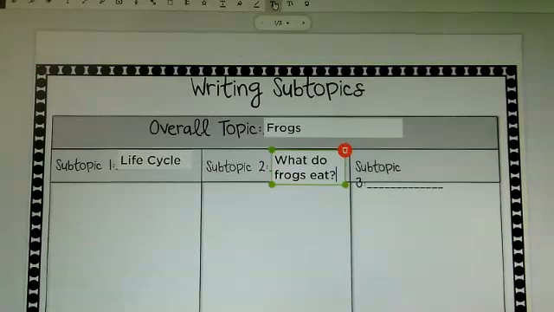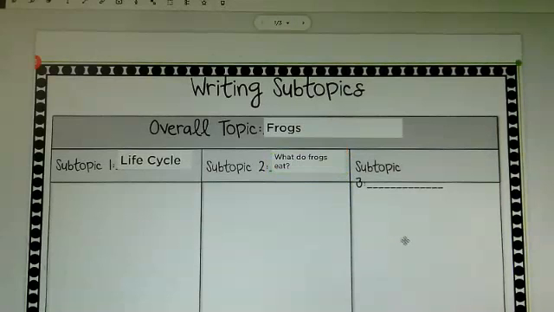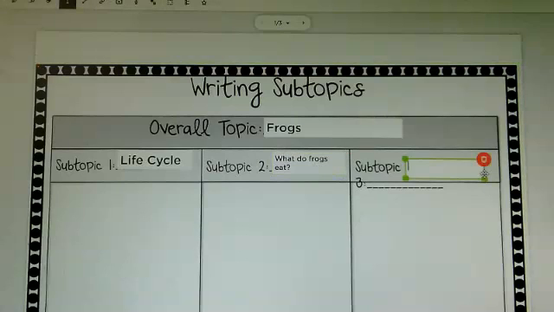Right up here on the top, there's a make it smaller button, so you can make your font smaller so it all fits. So what do frogs eat is going to be subtopic number 2. And then subtopic number 3, I think I want to talk about frogs as prey. That means that other things eat frogs, just like we read in the book.